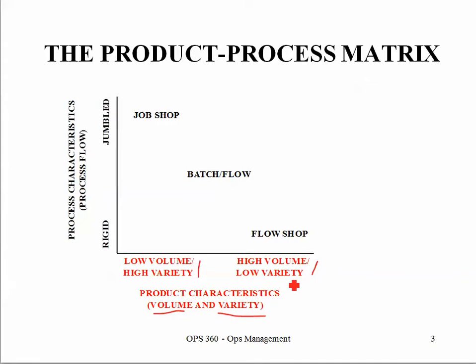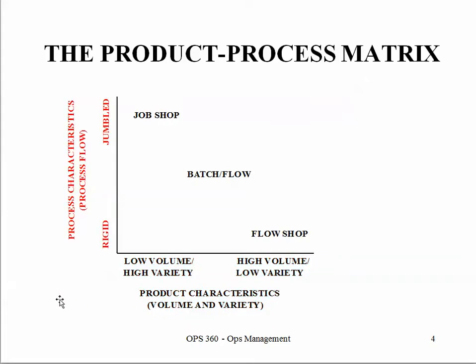We're making different flavors of drink, but it's pretty much very similar types of product, just different flavors going into the bottles or into the cans. So that would be an example of high volume, low variety. So that's a very important dimension to understand if we're trying to understand how manufacturing processes can relate to different types of products. So this axis here, the horizontal axis, is the product characteristics axis.